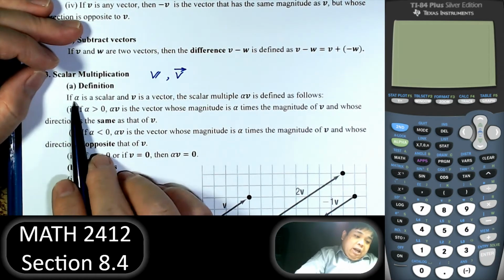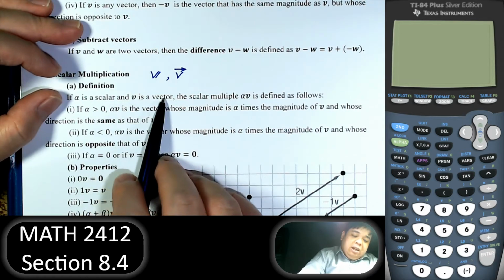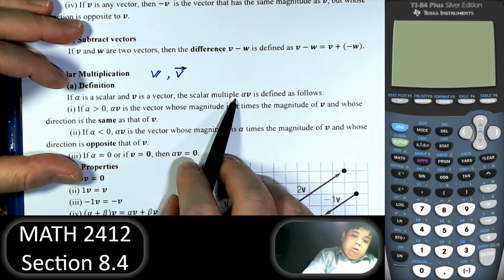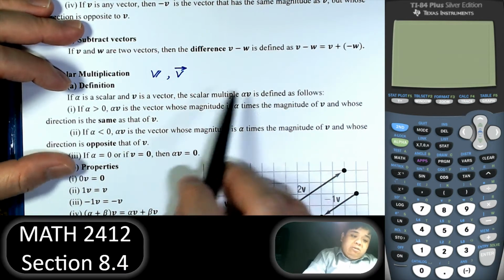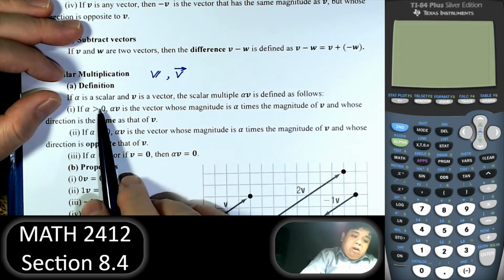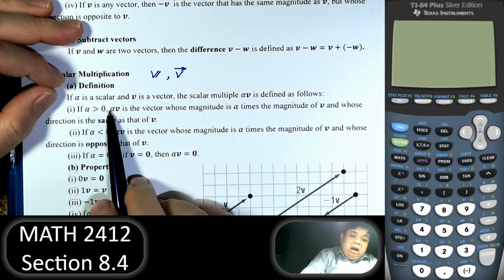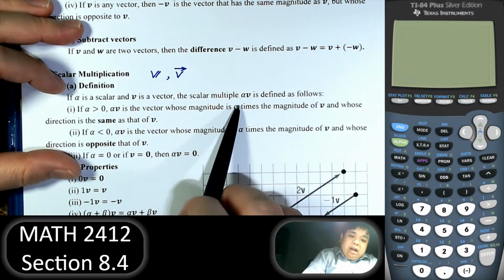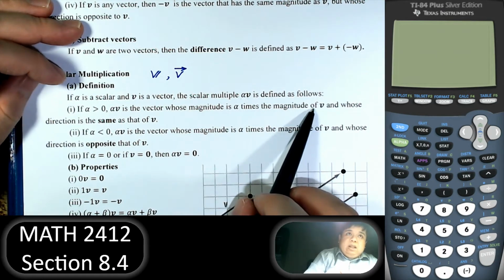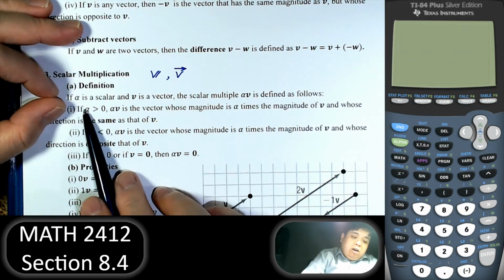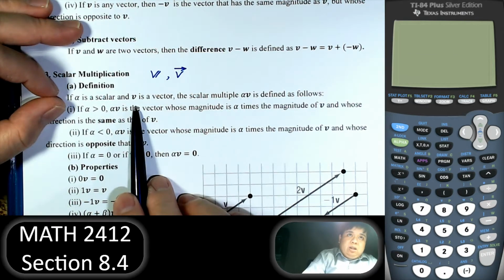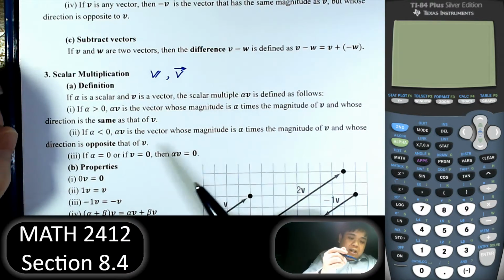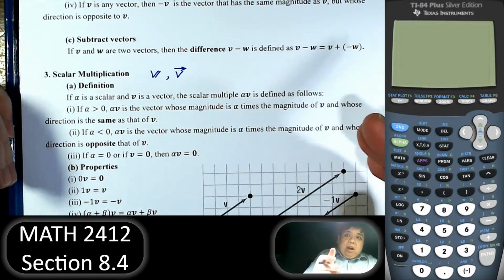So if alpha is a scalar and v is a vector, the scalar multiple alpha times v is defined as follows. If alpha is positive, alpha v is the vector whose magnitude is alpha times the magnitude of v. So pretty much we just multiply alpha to the magnitude of v. If it is bigger than 1, it will get bigger.